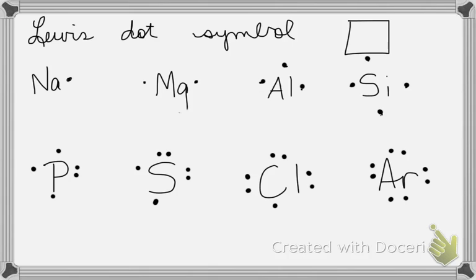If we go back and we look at the Lewis dot symbols, y'all, argon is a noble gas. And we've said that noble gases don't like to react. They're inert. How many valence electrons does it have? It has 8. See, it doesn't want to lose any, doesn't want to gain any, and it doesn't want to share them. It wants to be left alone. It's not going to react.